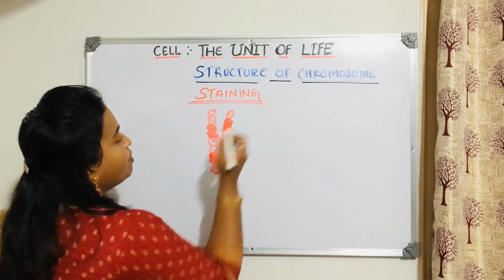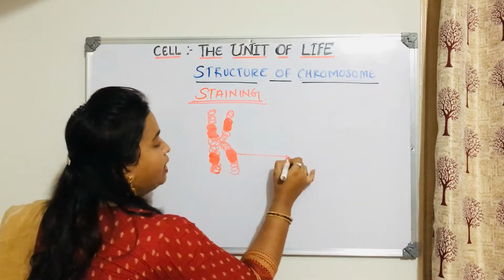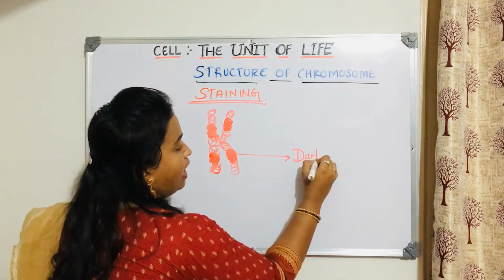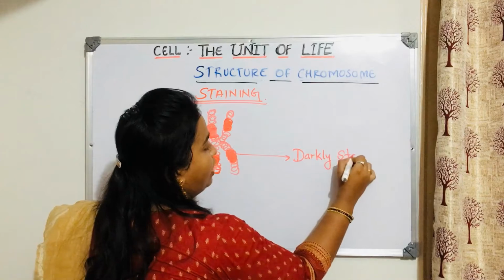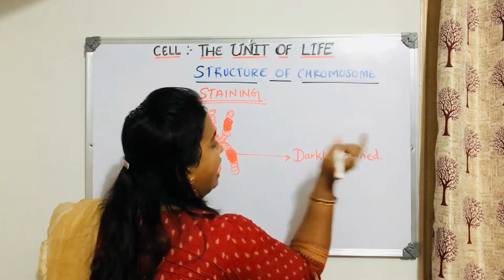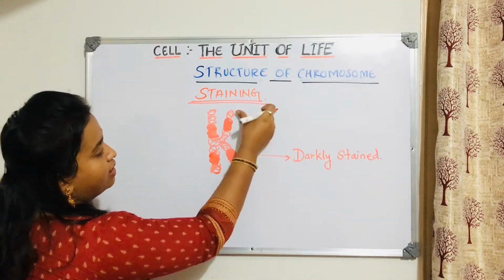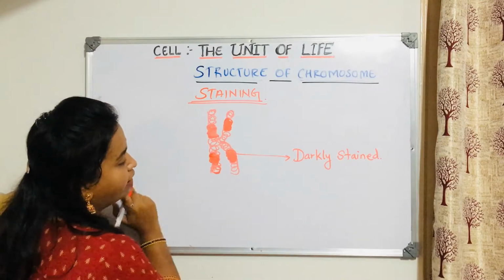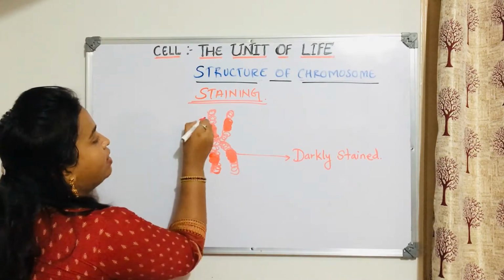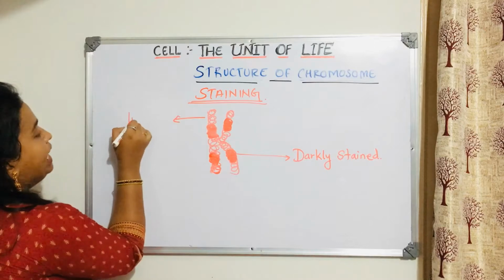to the chromosome, some regions appear dark. They are darkly stained, you can see. And some regions, like this area and here, are lightly stained.